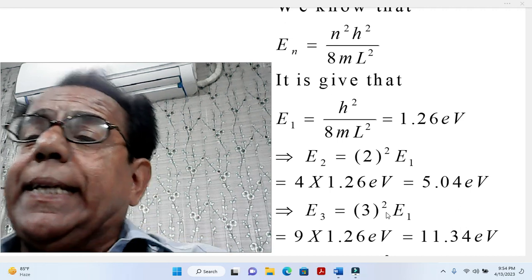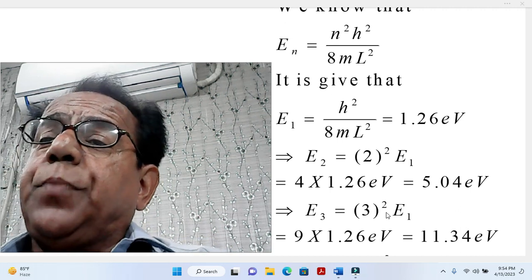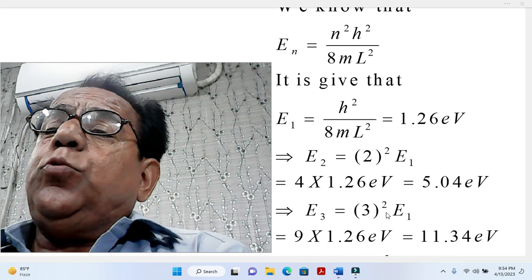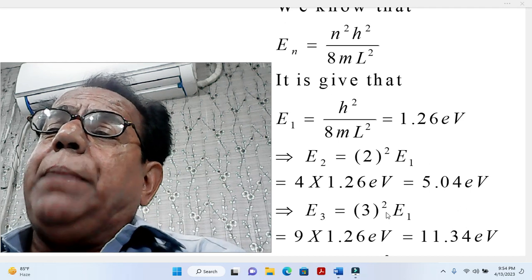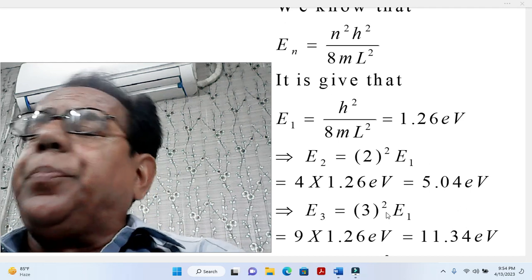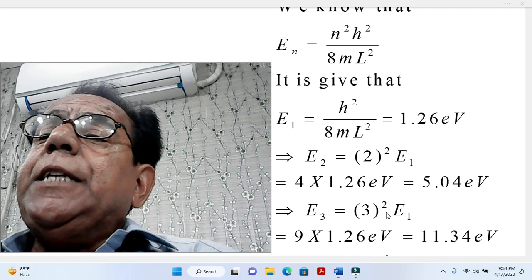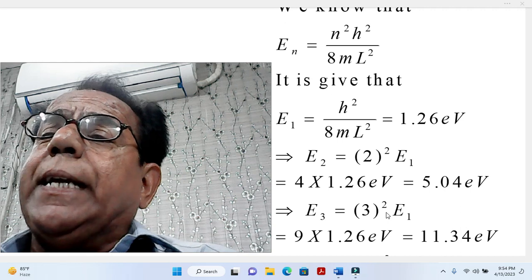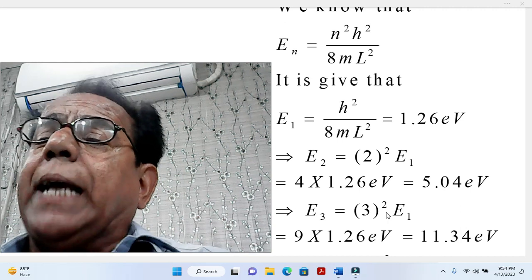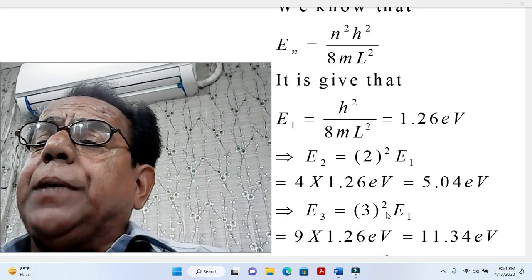This implies that E2, dear students, E2 will also be same as E1, except the difference will be that in place of n equal to 1, here n will be equal to 2 and hence 2 square will become equal to 4.